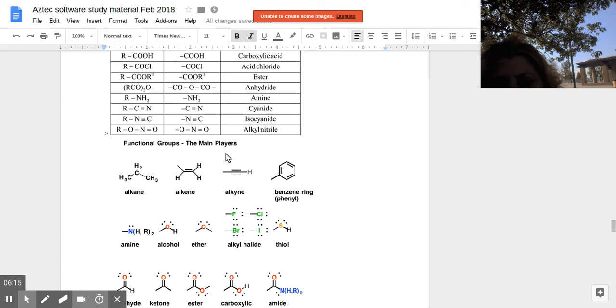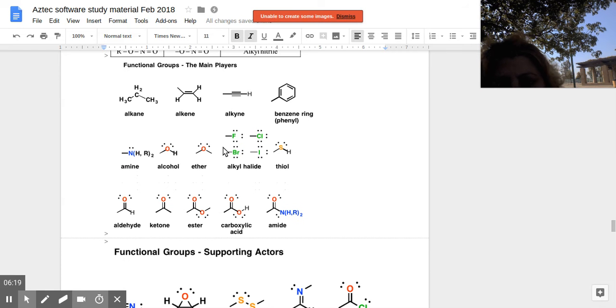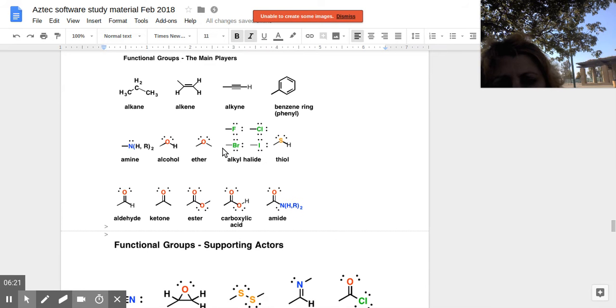So just these are showing what they look like, their geometry. So benzene ring is 6 carbons with alternating double bonds. We got the different kinds of molecules shown here.